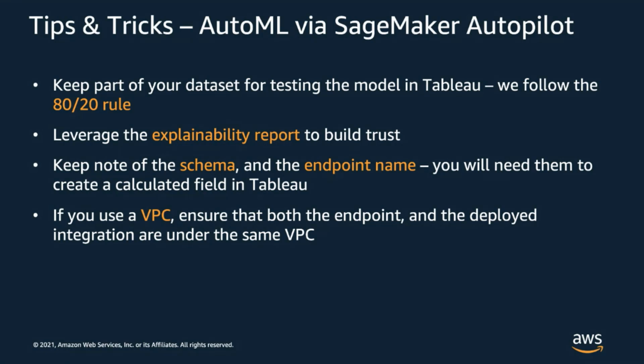Also, within Autopilot, you can use the explainability report to start building some trust, so that you're able to understand what exactly the model is seeing as more important features than others. Also, keep note of the schema and the endpoint name I just described, because you will need those two within the calculated field in Tableau. And if you use a VPC, ensure that both the endpoint and the deployed integration that Holt walked us through are under the same VPC.